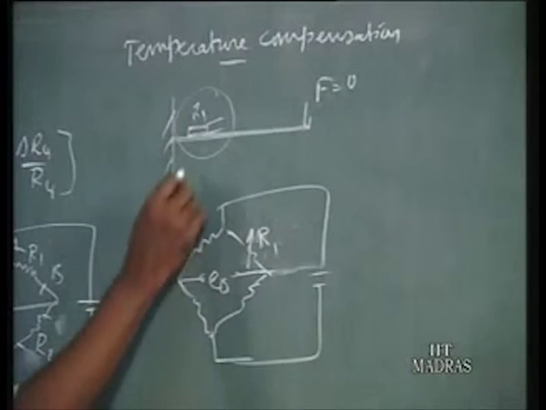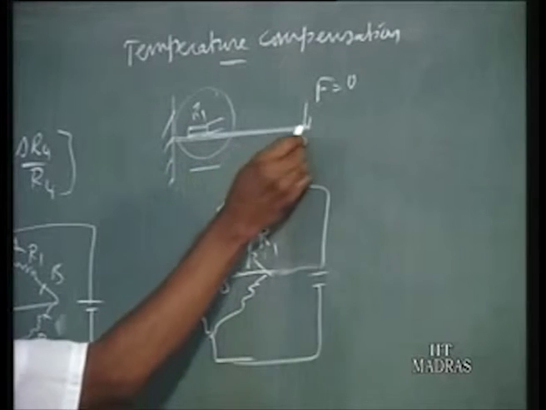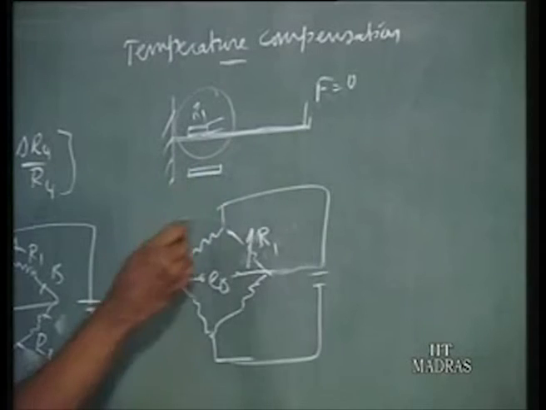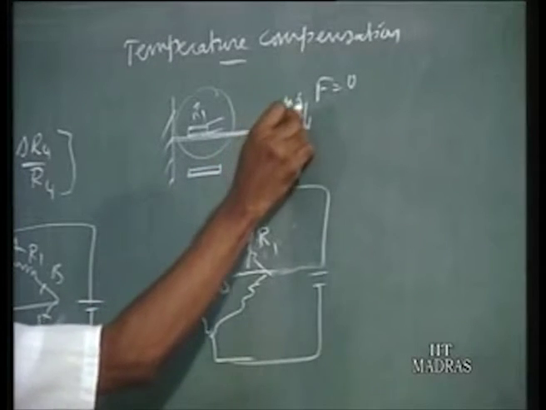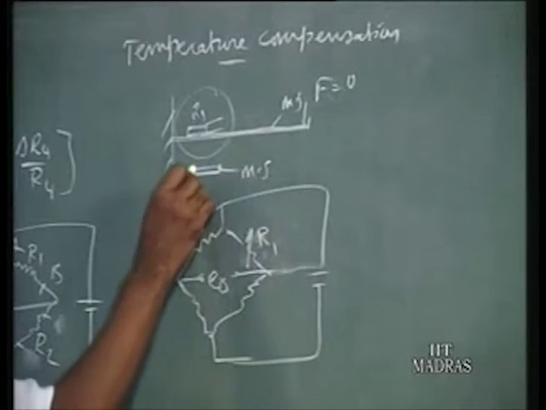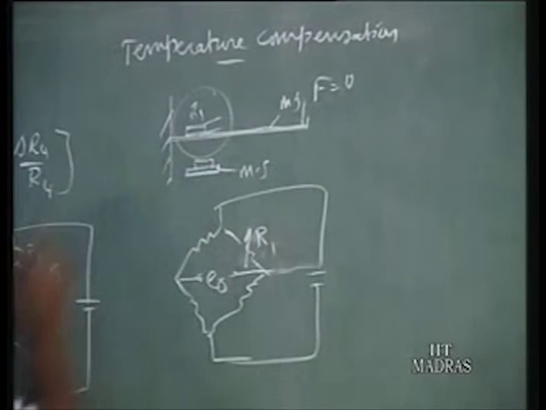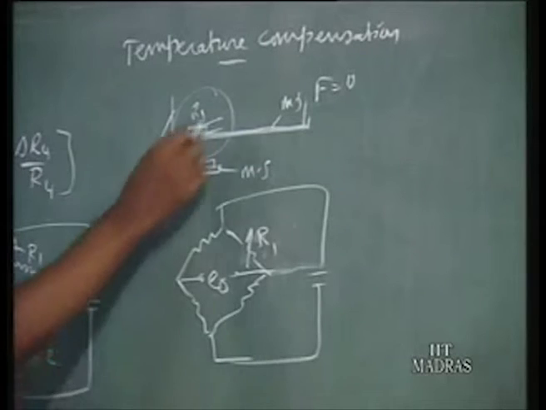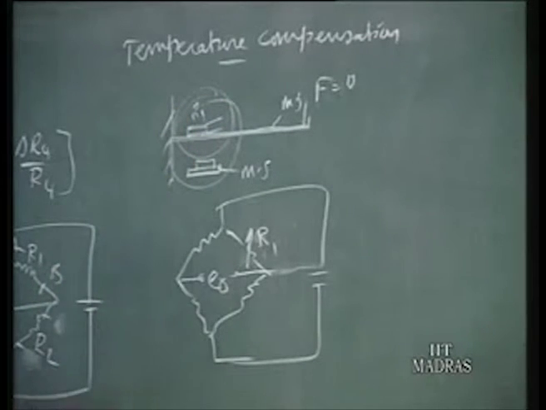How is that obtained? For that you take the same material as the cantilever material. Suppose it is mild steel, take another mild steel strip and paste another strain gauge. Now all of them should be subjected to the same temperature conditions.